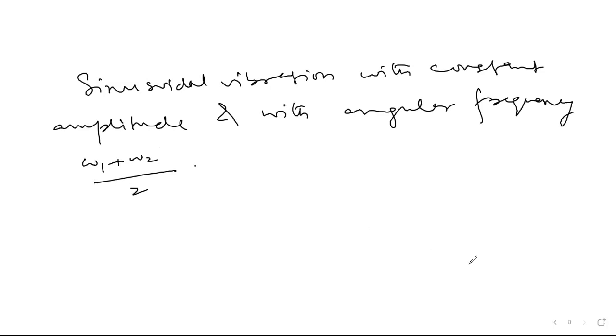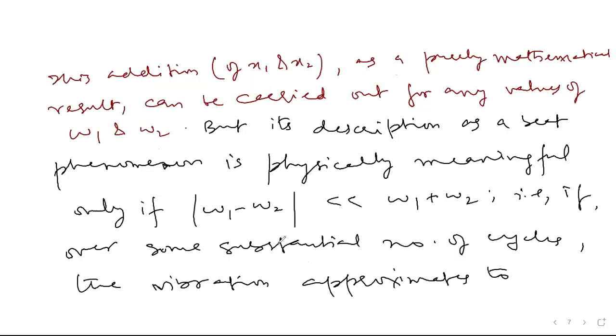I repeat it. This addition can be done as a mathematical result for any values of omega 1 and omega 2. But when we give its description as a beat phenomenon, to make it physically meaningful, that is only possible when mod omega 1 minus omega 2, that means whether omega 1 is greater than omega 2 or omega 2 is greater than omega 1, we take the magnitude of the difference between the frequencies, must be much, much less than omega 1 plus omega 2.